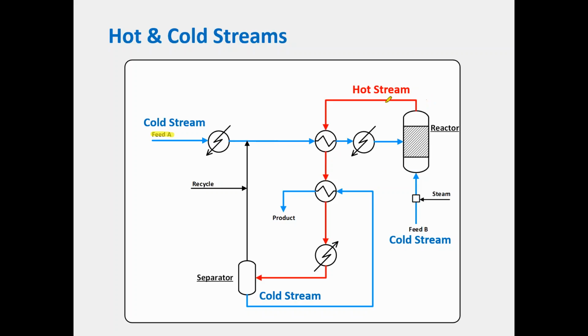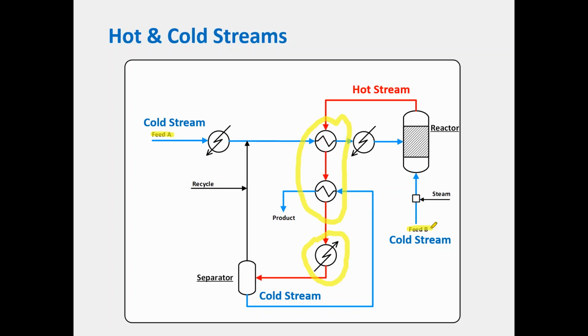This stream which comes out of the reactor obviously comes out hot and needs to be cooled before the separator. So we recover some heat in these two heat exchangers before providing the rest of the cooling at this cooler here with cold utility.